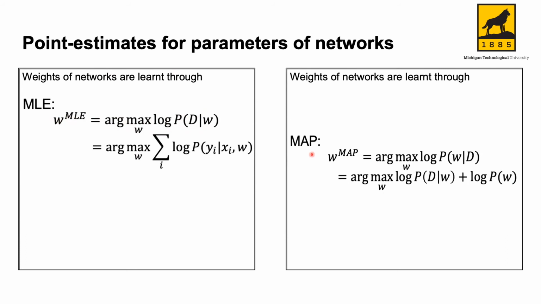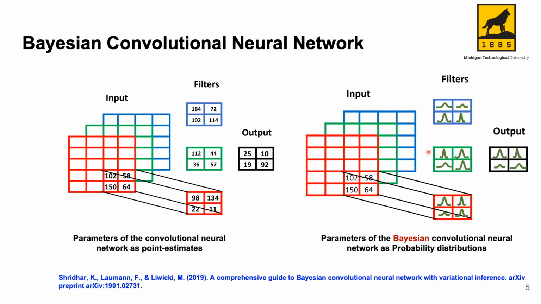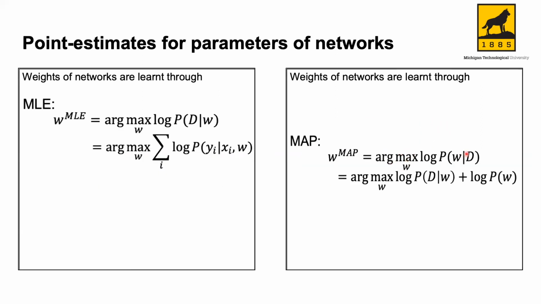Whereas in maximum a posteriori, you assume that W, the parameters of this Bayesian neural network, is stochastic, but what you identify is the mode of the probability density, or the maximum value of this probability density. Basically, it maximizes the posterior probability of the weights and biases after observing the data. It's like throwing away the rest of the values in the probability distribution of W. You are just taking only one thing.